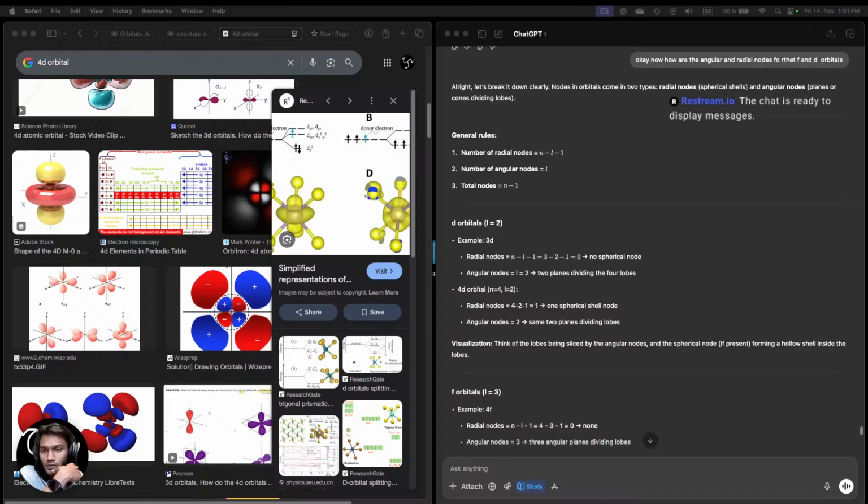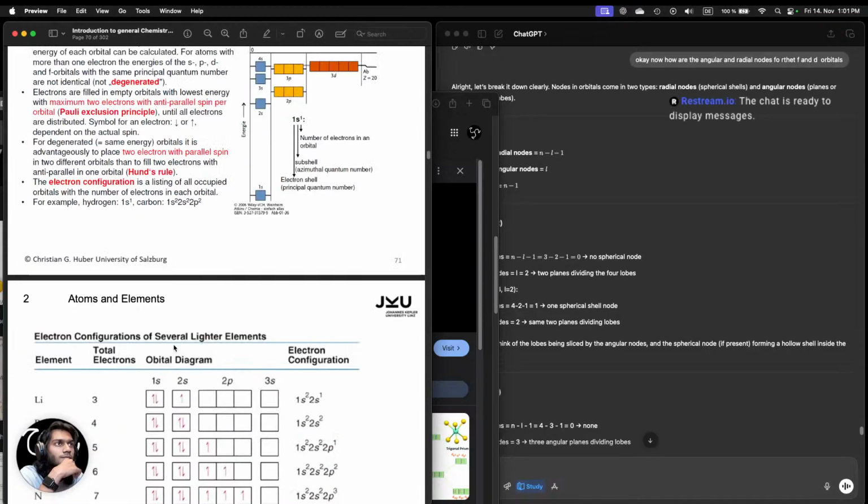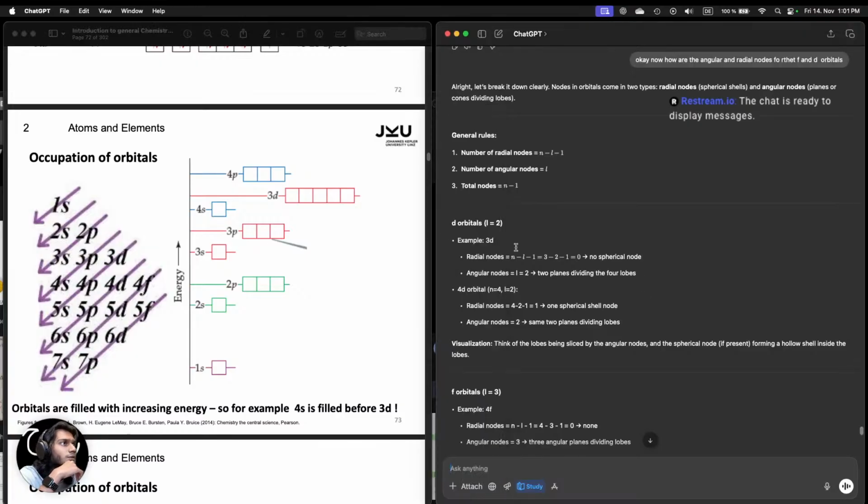Wait, there's a way to. From 4D, okay. So 4D only comes up after 1S, 2S, 2P, 3S, 3P, 3D.